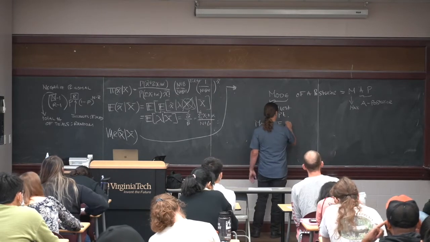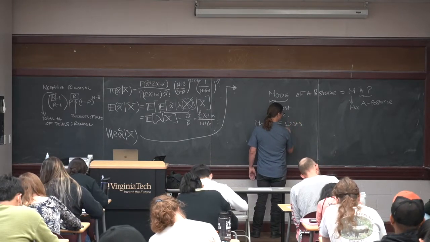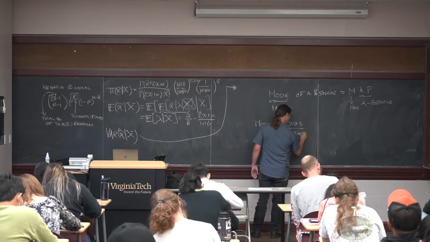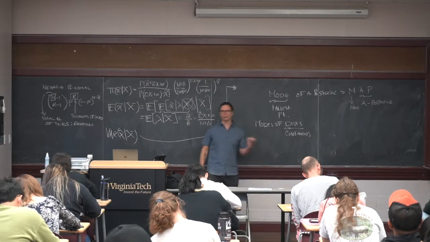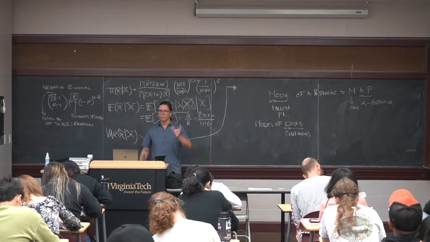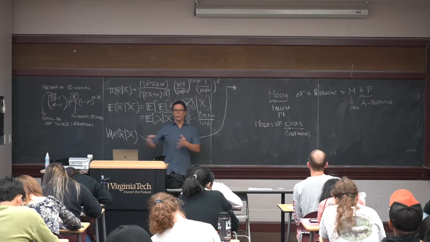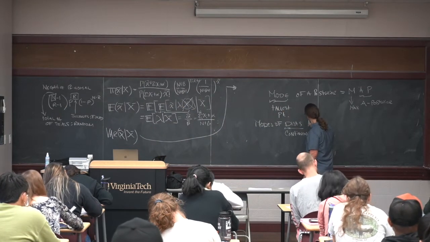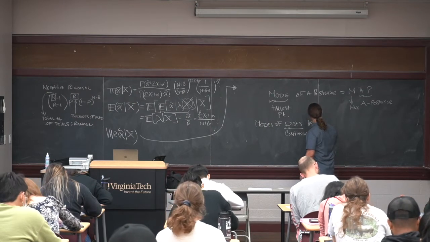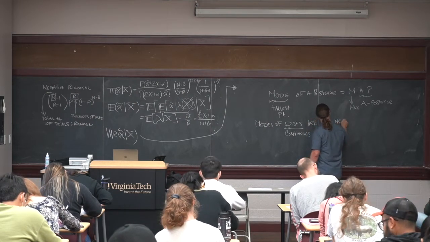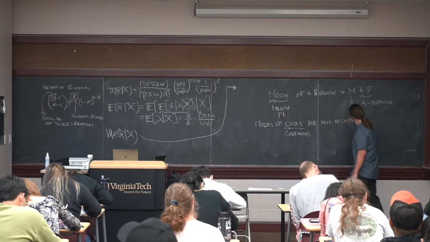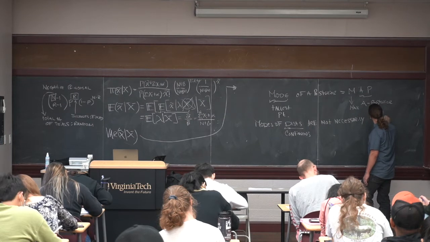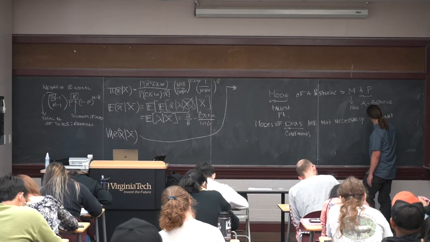So modes of distributions, and I'll say continuous. Discrete distributions don't have the derivative either, and that's the part that you need to make sure doesn't move your space all over the place. But modes of distributions are not necessarily invariant to transforms.